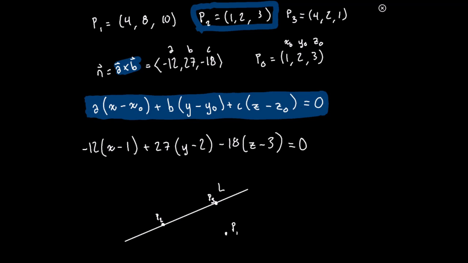Then you have 2 points on the line, and then you have 1 point in space. And now we can make 2 vectors, take the cross product, and that'll give us the normal. And pick one of our points to be P naught, and then we can write the equation for the plane.